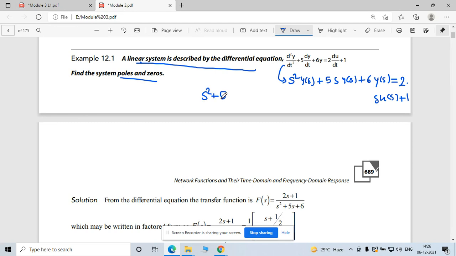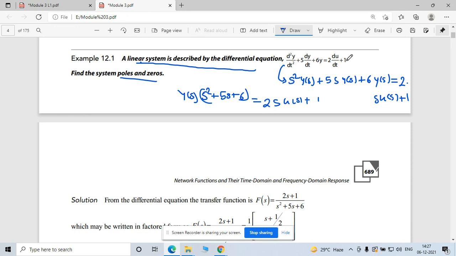So s square plus 5s plus 6 of y of s is nothing but 2s plus 1 of u of s. Now see this function, and nothing is specified here.